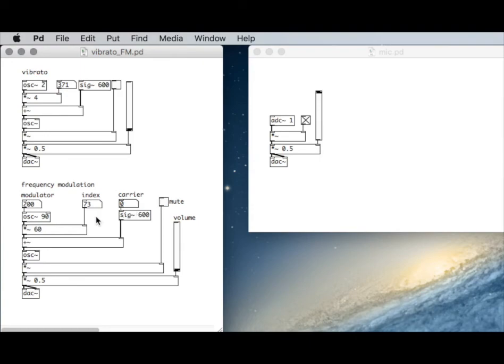So with a low index, the further the sideband away is from the carrier frequency, the weaker it is, and those start to increase and become more audible as the index increases.